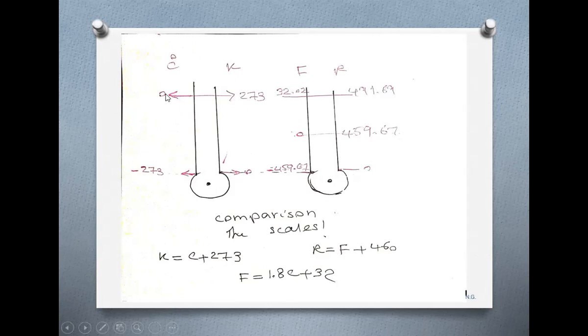Here we are: 0 centigrade, 32 Fahrenheit. 0 centigrade also means 273 Kelvin, and it is equal to 491.69 or 492 Rankine, because 0 centigrade is 32 Fahrenheit, and for 32 Fahrenheit you add 460.